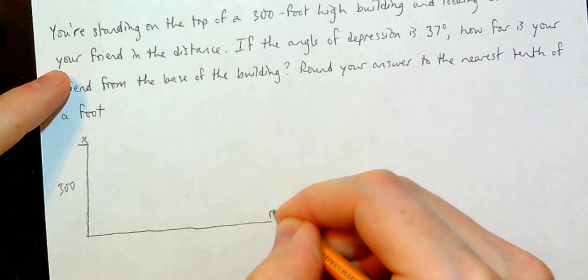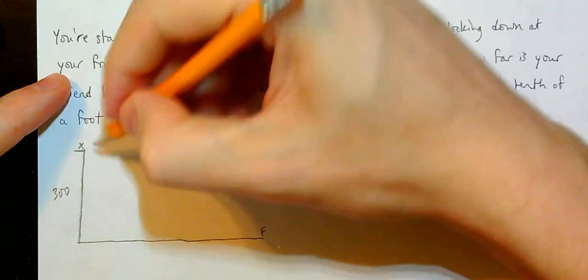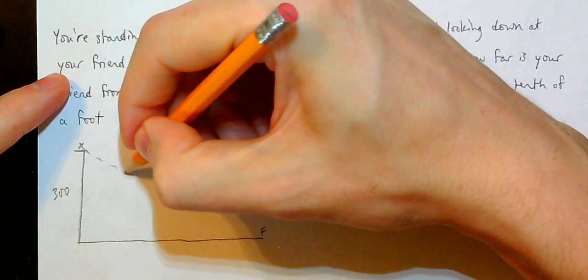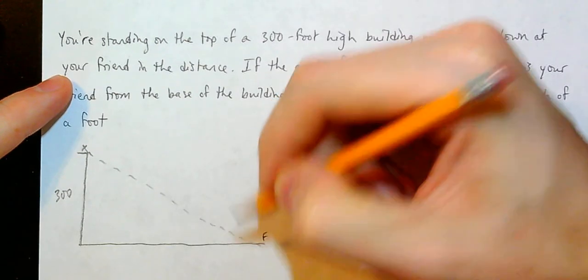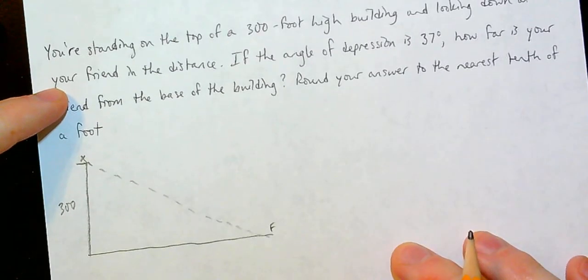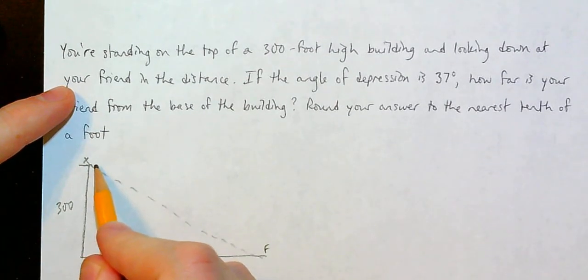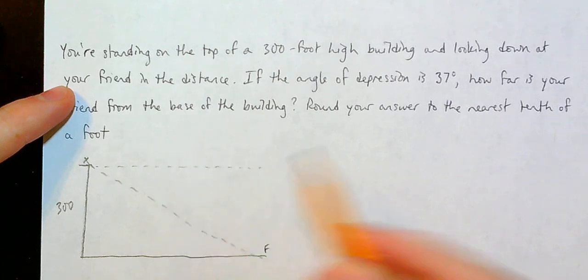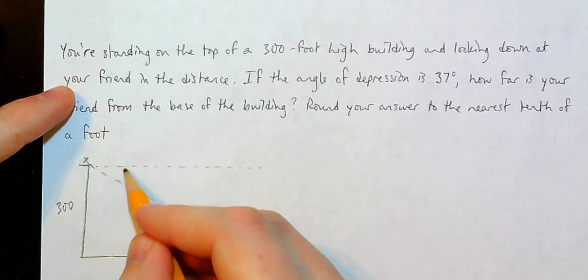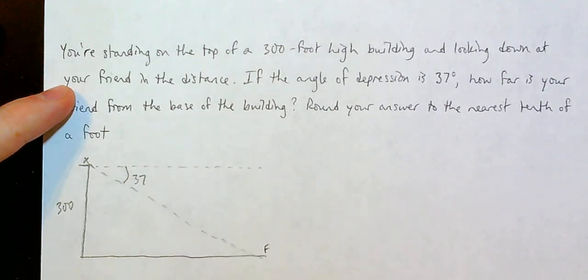Here's your friend down there. And it says that the angle of depression is 37. So what we're talking about here is if you drew out this horizontal line, pretend that this is just me looking straight out, this angle here is what's 37.